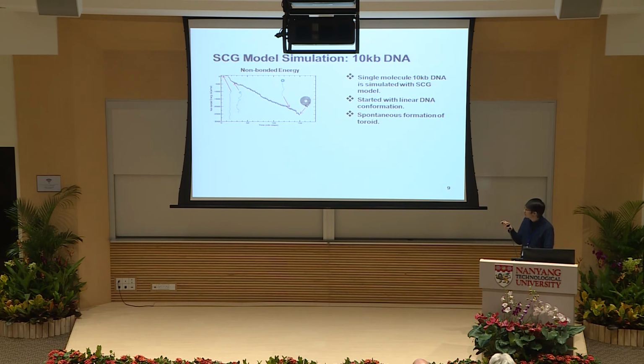Interestingly, after about 20 million steps, we can see a little loop formed on one end of the DNA. Then this loop grows, and it can pull in more and more DNA.